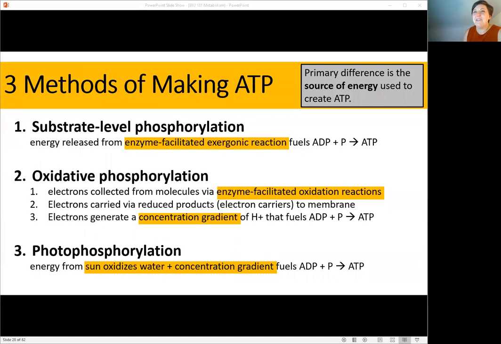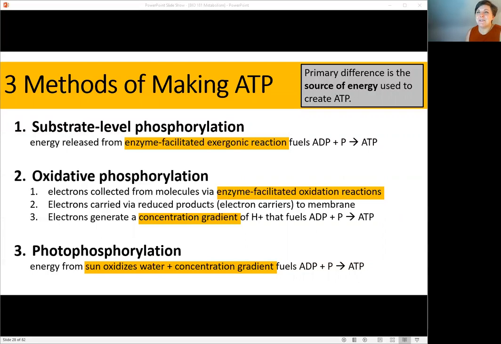Okay, great. So now you know that we can make ATP in 3 ways. 1, we can generate ATP using energy released from exergonic reactions via substrate level phosphorylation. In this process, the phosphate group is also obtained from the exergonic reaction. 2, we can generate ATP by releasing electrons via oxidative reactions and carrying these electrons using reduced electron carriers to a membrane, where the electrons will then be used to establish a proton motive force, which provides enough energy to phosphorylate ADP into ATP.